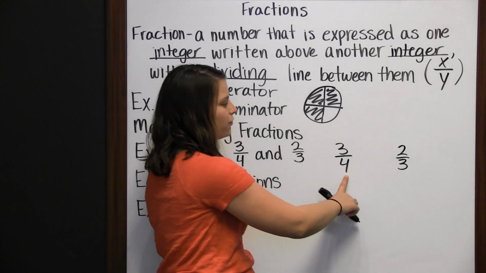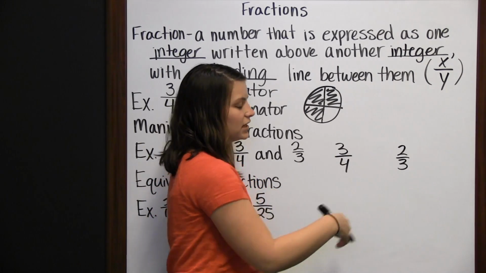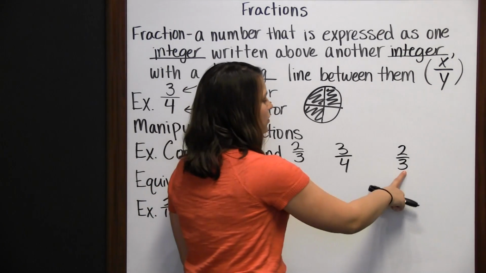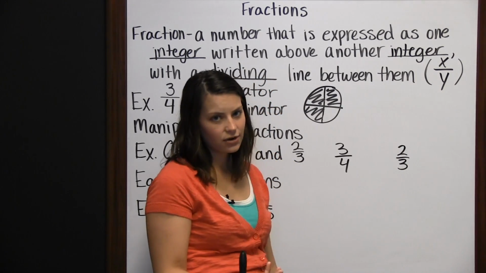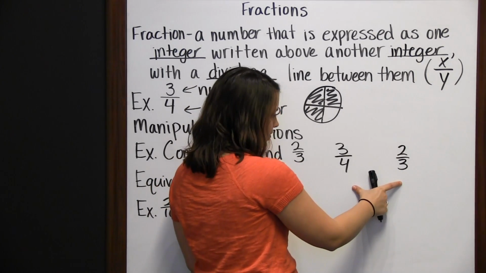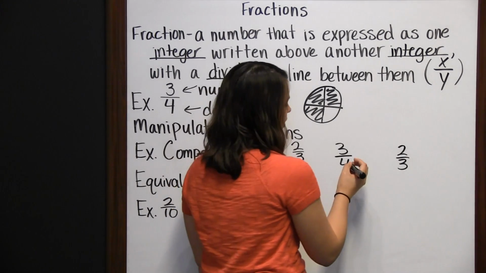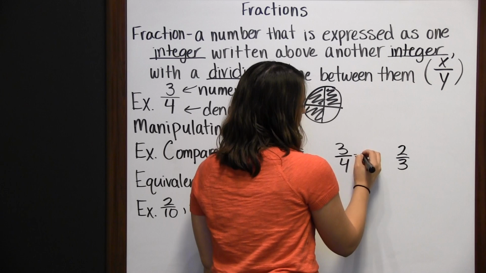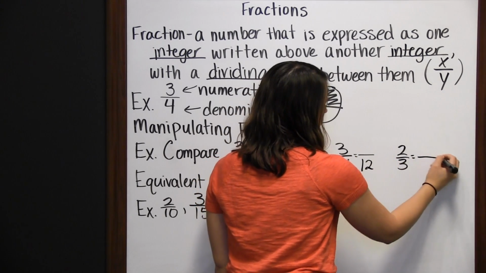So the multiples of 4 and 3: 4 is 4, 8, 12, 16, etc. 3 is 3, 6, 9, 12, 15, 18, etc. So the least common multiple between 4 and 3 is 12. So that means I want to change this fraction to something over 12.